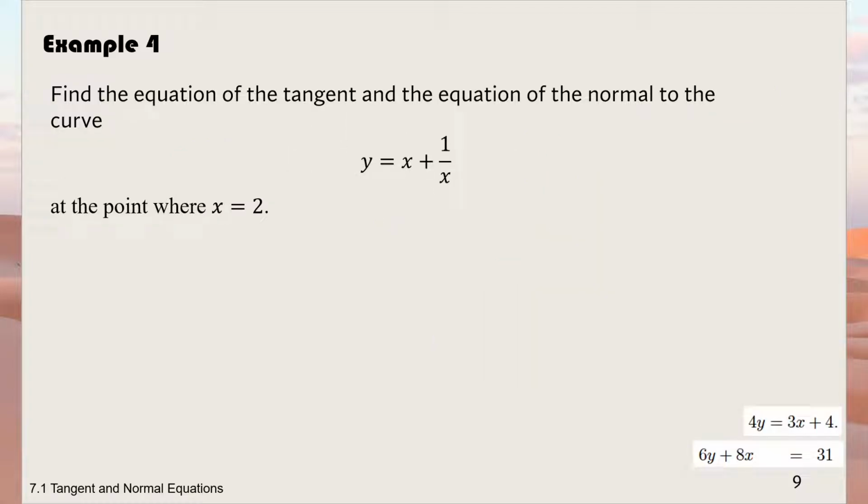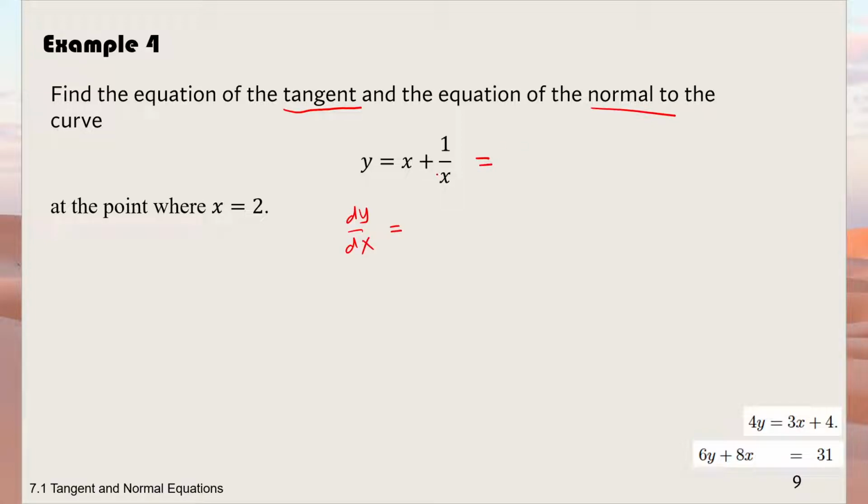Example 4: find the equation of the tangent and the equation of the normal to the curve of this one at the point where x equals 2. So this one is quite straightforward. The only thing is they are asking for the tangent and the normal. So what you need to do is just find the differentiation, dy dx.